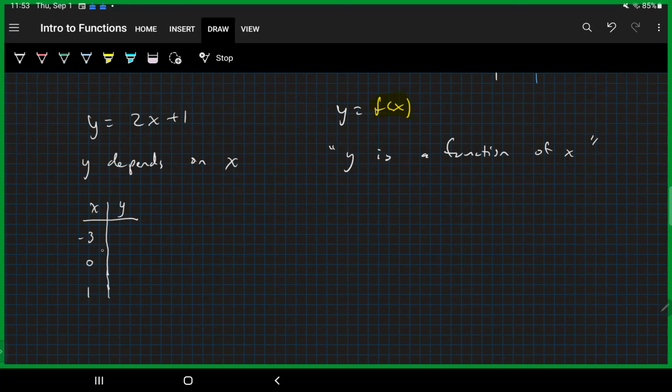So if I plug in -3, 2 times -3 is -6. -6 plus 1 is -5. If I plug in 0, I get 0 plus 1 is 1. If I plug in 1, I get 2 times 1 is 2. 2 plus 1 is 3. And I get those points, and I can graph it if I want.